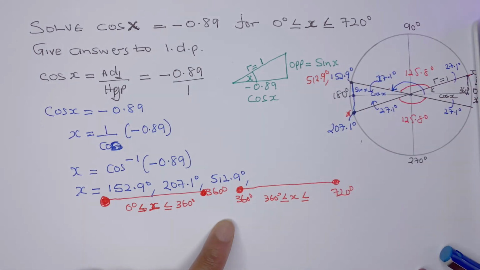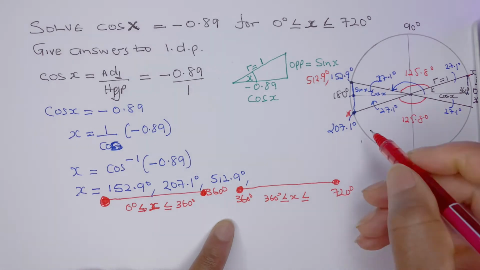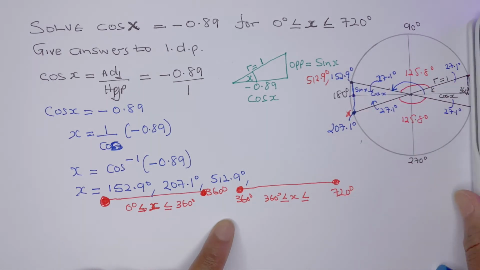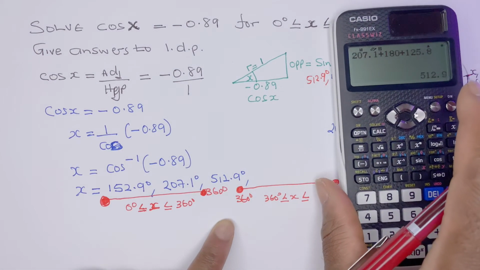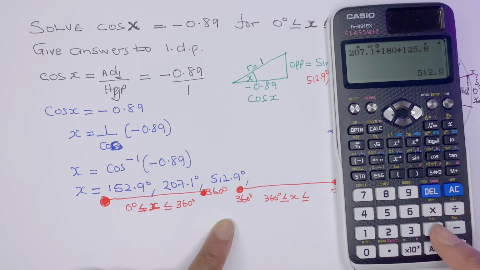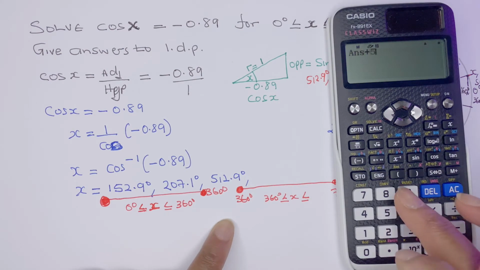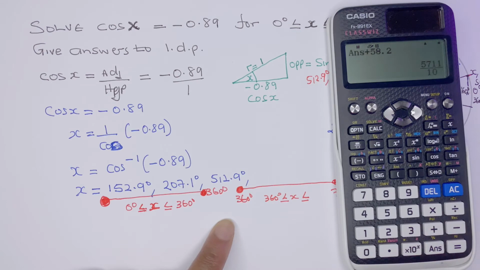So that means I'll be adding 58.2 because I have to go from there to there. So I have to go 512.9 plus 58.2, and that gives 571.1.